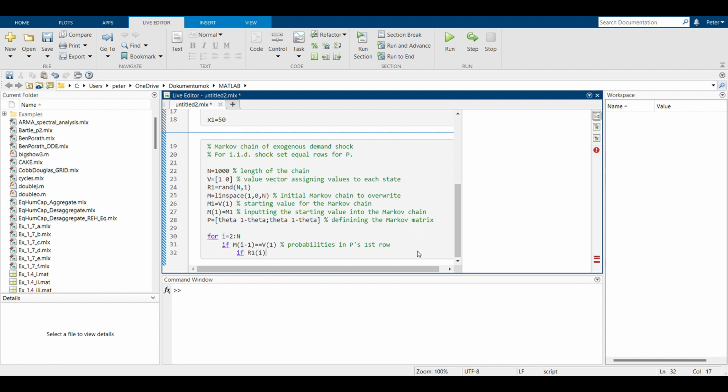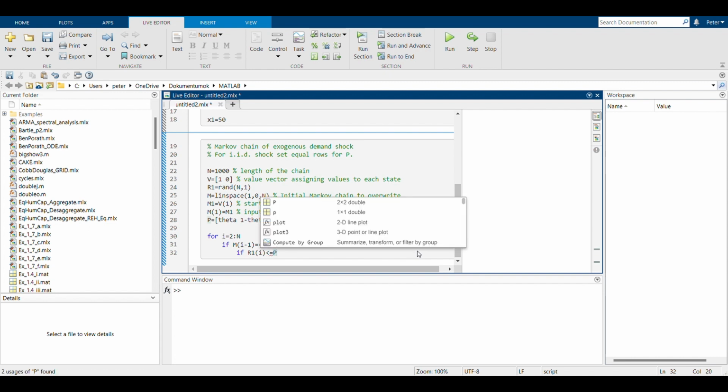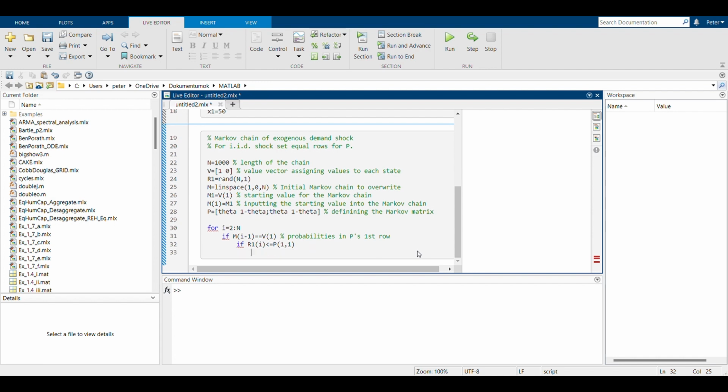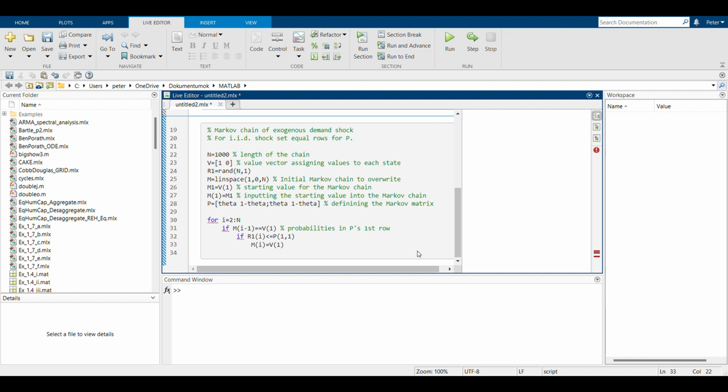If this is lower than or equal to P11, then the next value in the Markov chain is the same. Else, if not, then the next value in the Markov chain is 0.